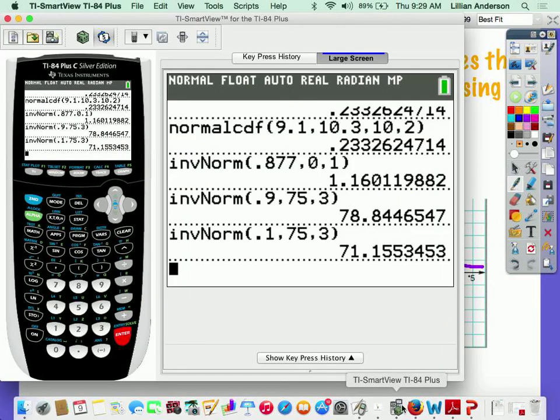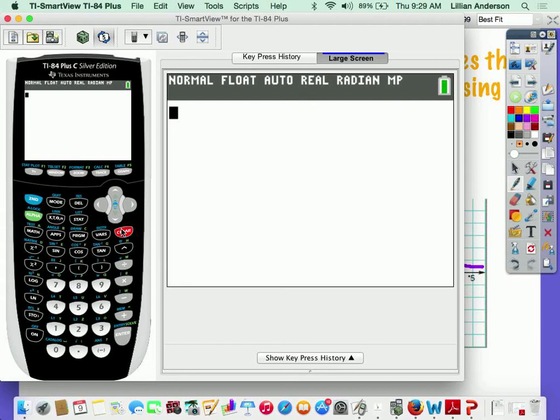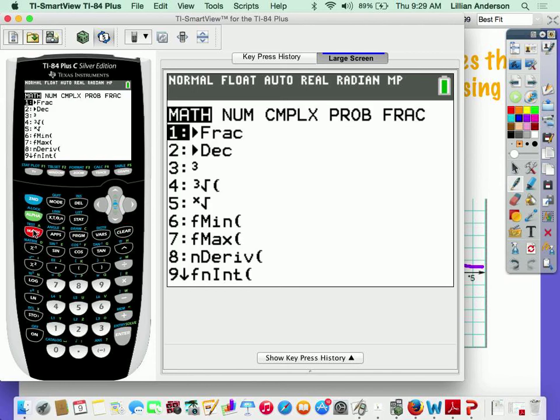All right, so we've got to pull out our calculator. To find this using your graphing calculator, you have to press the math button. On my calculator, it's option 9, FNINT. Is it option 9 on yours?